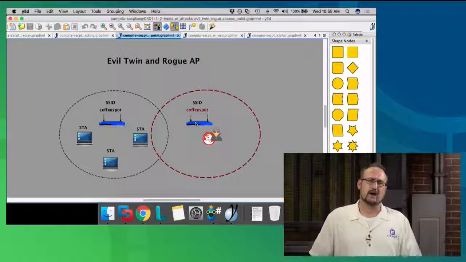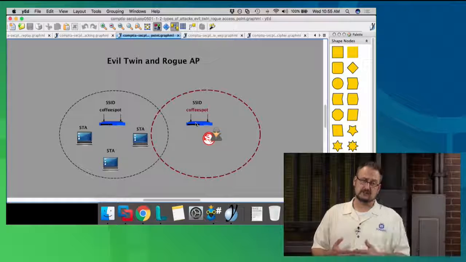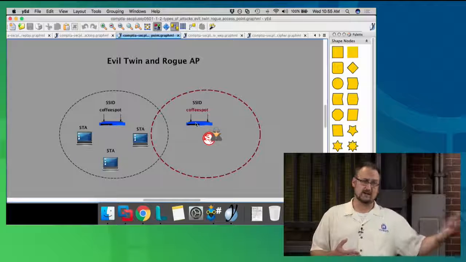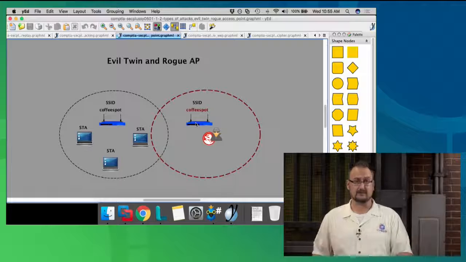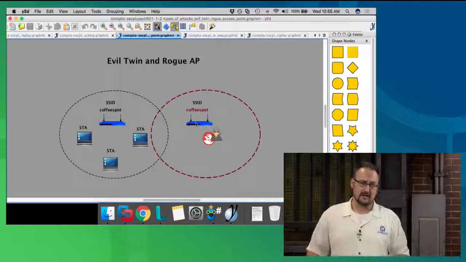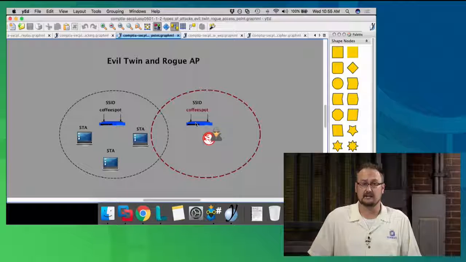What happens if that wireless access point, which they do a lot of times by default, starts giving out IP addresses through DHCP? Now here's the problem. If it's an open system like that, you can connect to it, and I don't have any internet connection. We're not going out to the internet with that access point, and now we have a denial of service attack. That's a rogue access point, right? It's just any unauthorized access point in the proximity of your wireless network that people start connecting to.